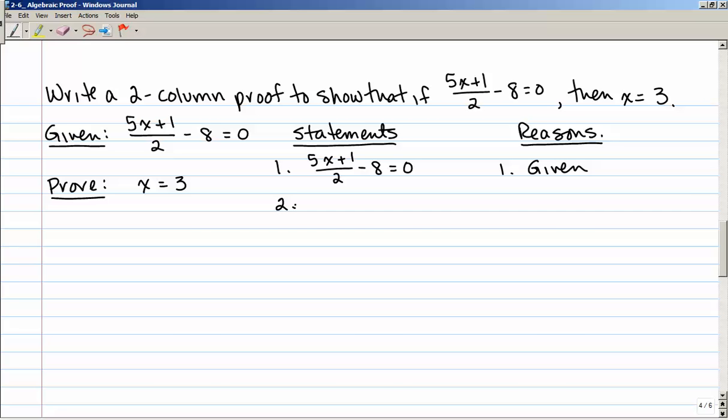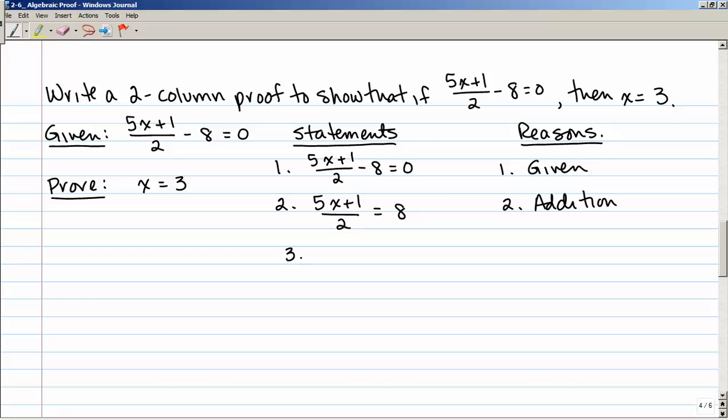Statement number 2. Now in an algebraic proof, you basically just have to solve the equation. So the first thing I would do in solving this equation is add 8 to both sides. So that's going to give me (5x plus 1)/2 equals 8. And the property that I used for that is the addition property, because I added 8 to both sides.